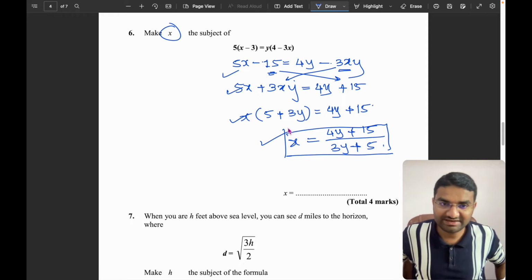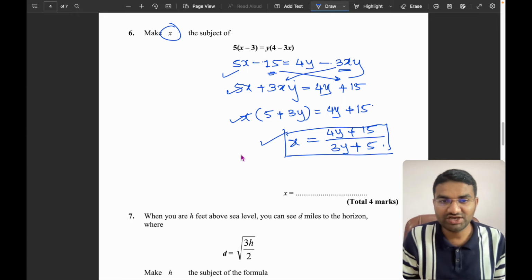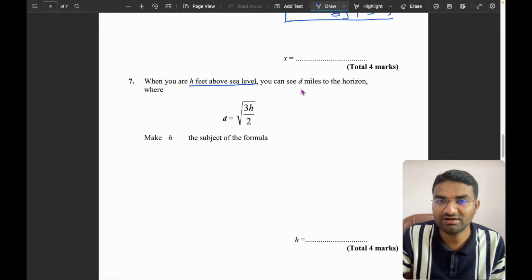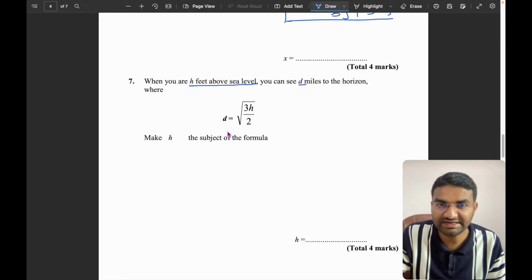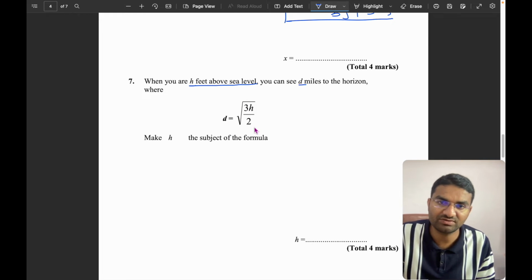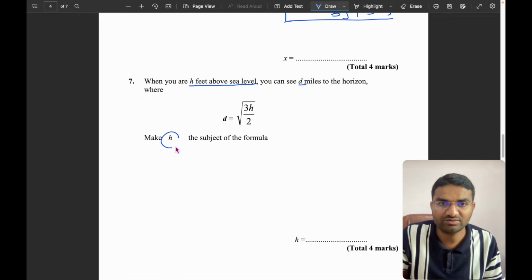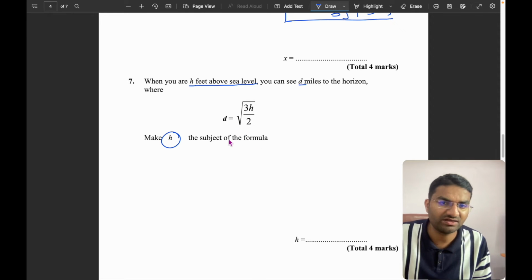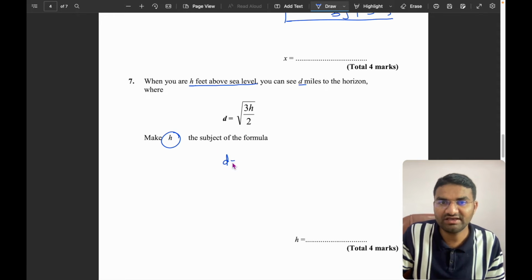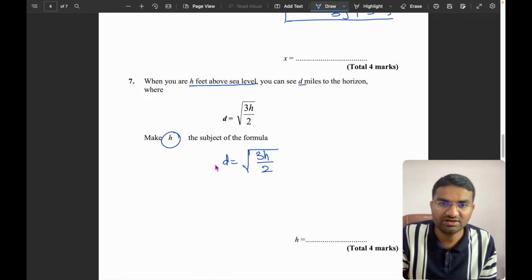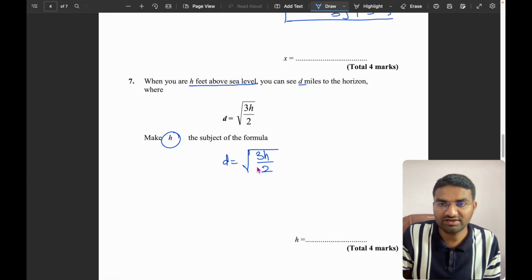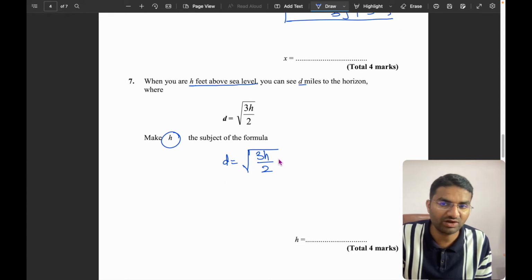Fine. Then next, when you are h feet above sea level, you can see d miles to the horizon. Then d is equal to the square root of 3h over 2, and we have to make h the subject of the formula. So straight away here d is equal to the square root of 3h by 2. Take a square on both sides, so the square root will be removed.